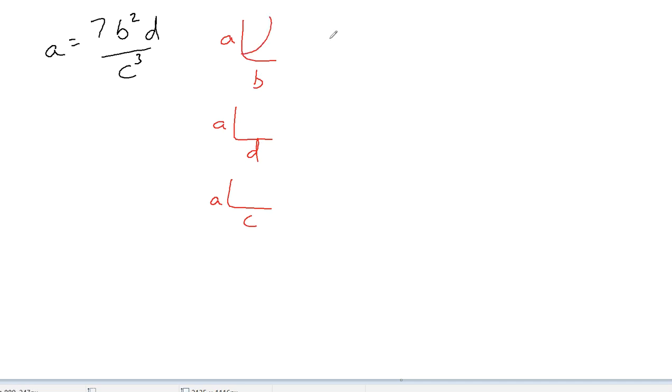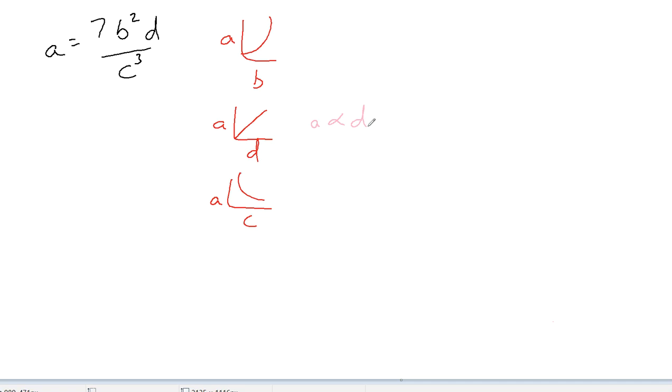A versus D, there are no exponents, nothing weird going on, so that's going to be a straight line. A versus C, you're dividing by C cubed, so it's going to curve crazy like this. Out of the 3 graphs, the only one good to go is the middle one. I know that A is directly proportional to D. The other ones are not good to go.